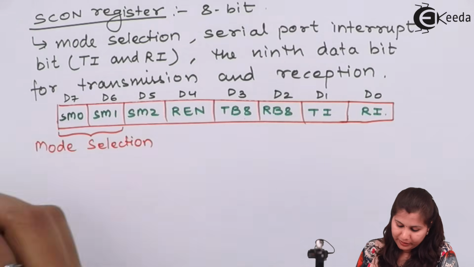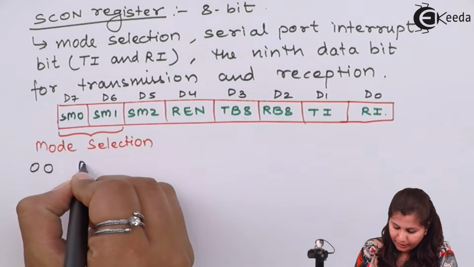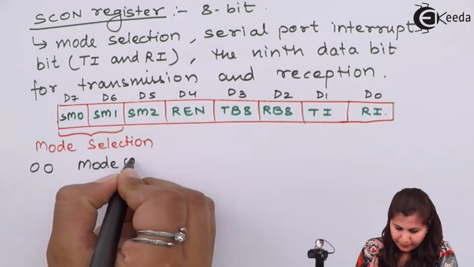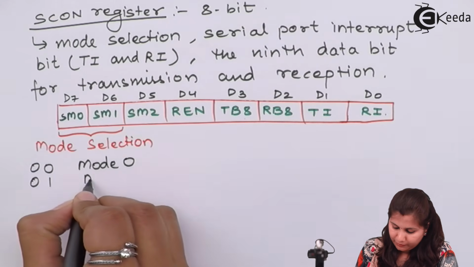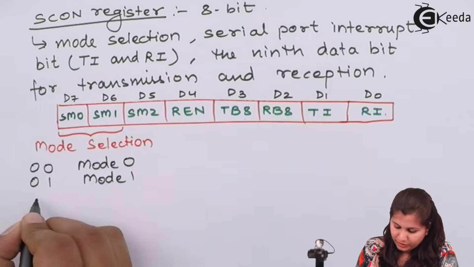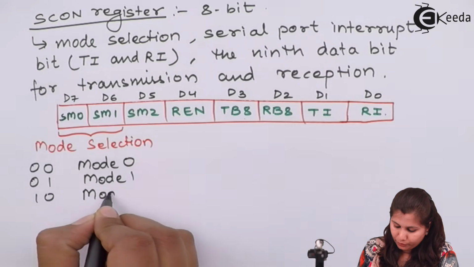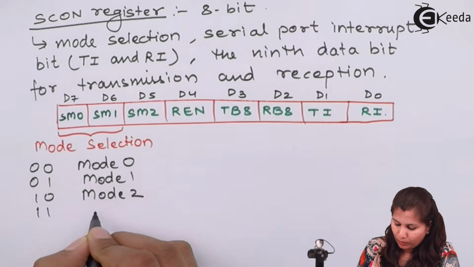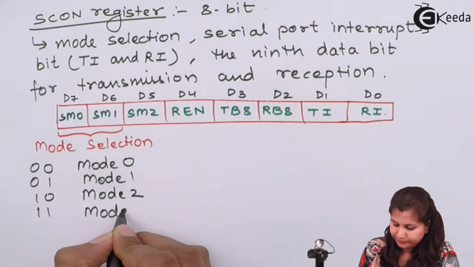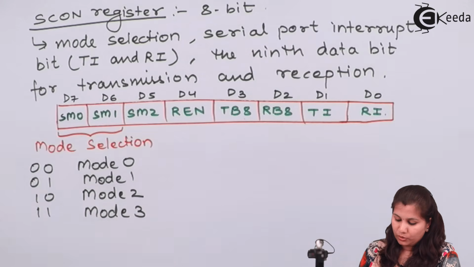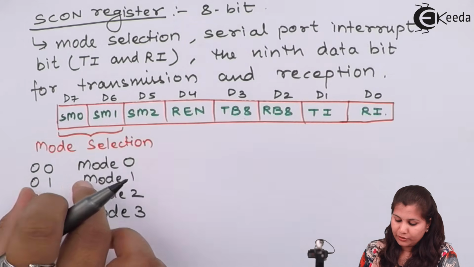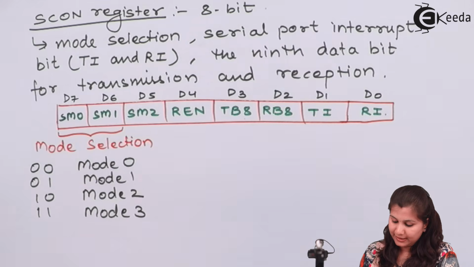If these 2 bits are 0, 0, then mode 0 is selected. If it is 0, 1, then mode 1. If it is 1, 0, then mode 2. And if it is 1, 1, then mode 3.